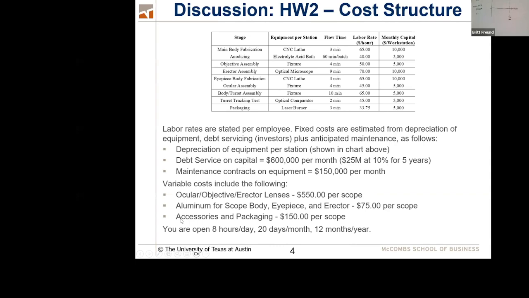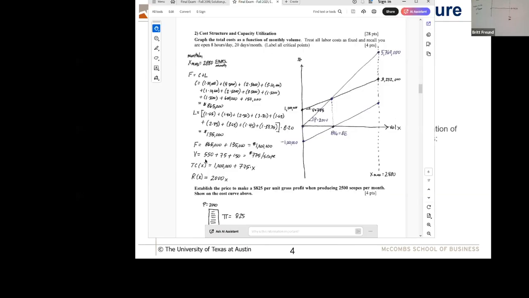And then I have the accessories and packaging and other stuff, which is about $150 a scope. If you sum up 550, 75, and 150, that's where you come up with the variable cost. I have an additional $775 for every scope that I'm going to make.